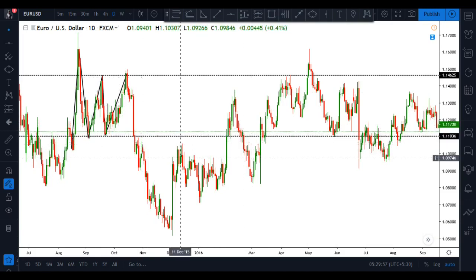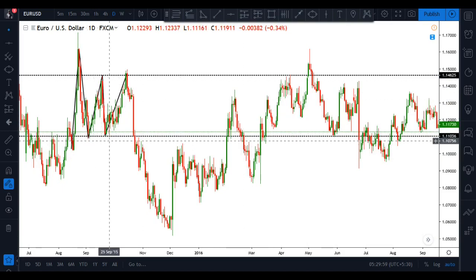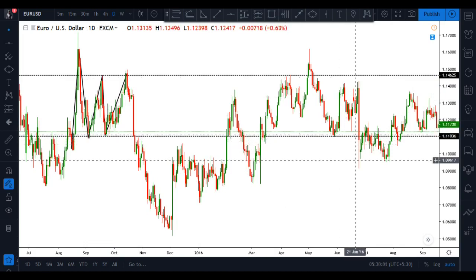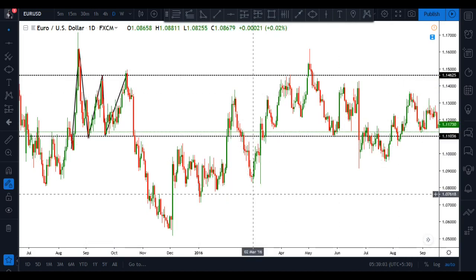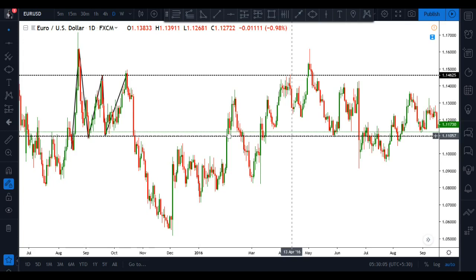You can see 1, 2, 3, 4, and like that. Each and every time the market pushed down to this structure level, the market then reversed to the upside. We call these types of structure levels support levels, because there is buying pressure present at these structure levels.